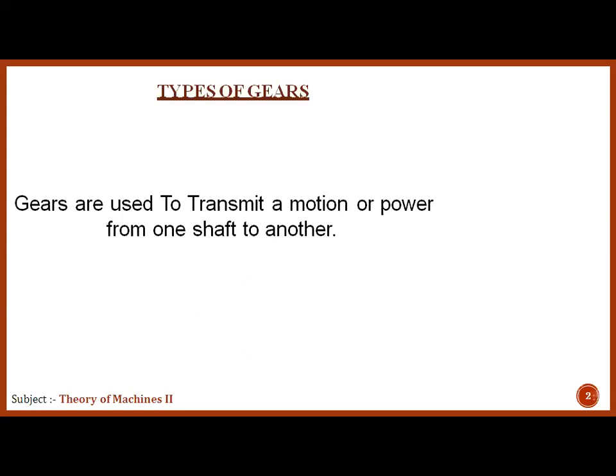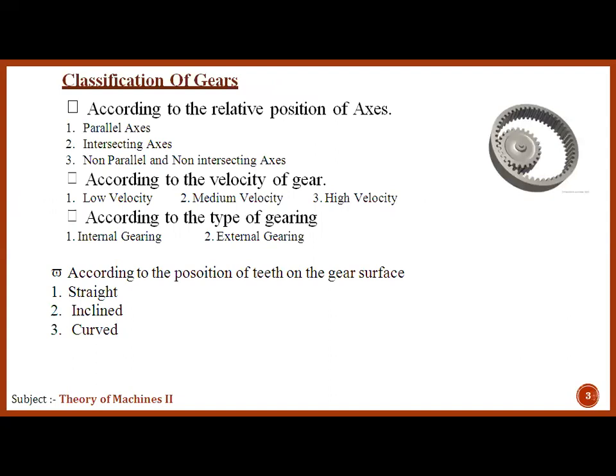Now when we are studying the types of gears, very first in the classification we see the relative position of the axis. Very first is parallel axis, second is intersecting axis, third is non-parallel and non-intersecting axis.